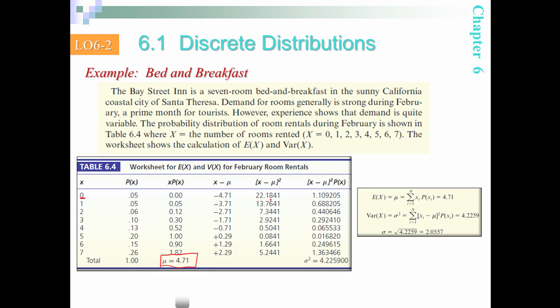So we're going to take 22.1841, multiply that by 5%, and we get 1.19205. Do that for all those, sum them up, and that gives us the variance, sigma squared. So in order to get the standard deviation, all we do is take the square root of that, and we get a standard deviation of 2.05.